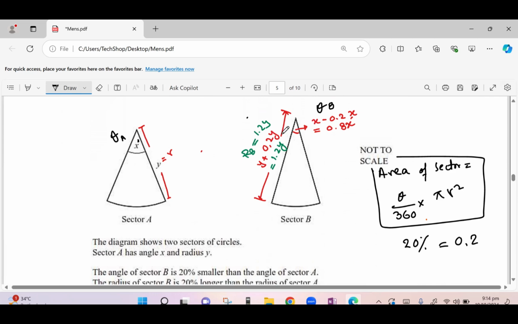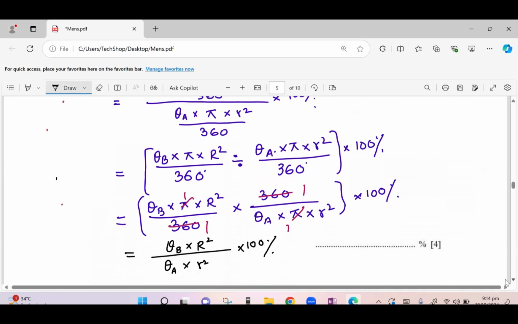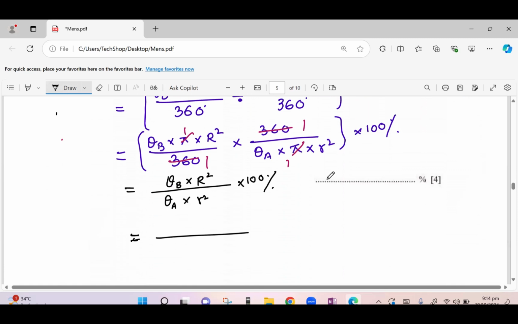The radius of this sector is RB, radius B, which is 1.2y. So put all the values in the proper place: theta B was 0.8x, and the radius of B is 1.2y, the whole squared, times 100%. Theta A was x, and the radius of A is y, so y squared.